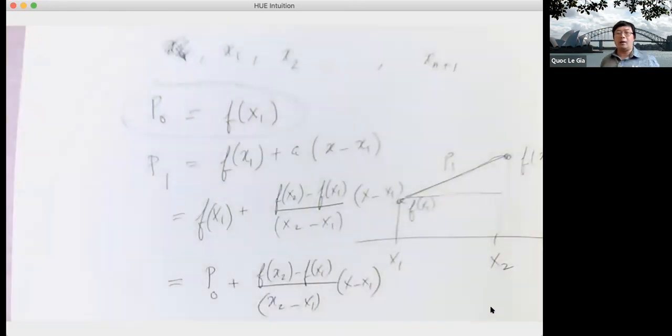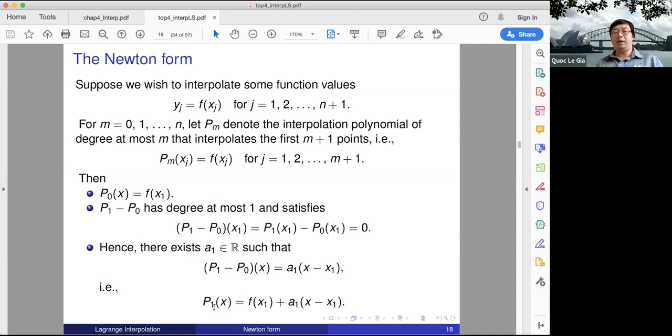So now go back to the slide. It's just the same idea here. So if you go back to the slide, we say that P1 is just f of x1 plus a1 times (x minus x1). So it's just the equation of a line.